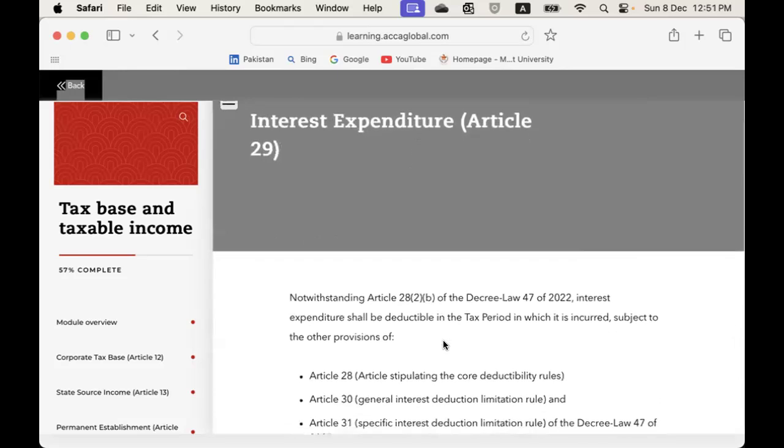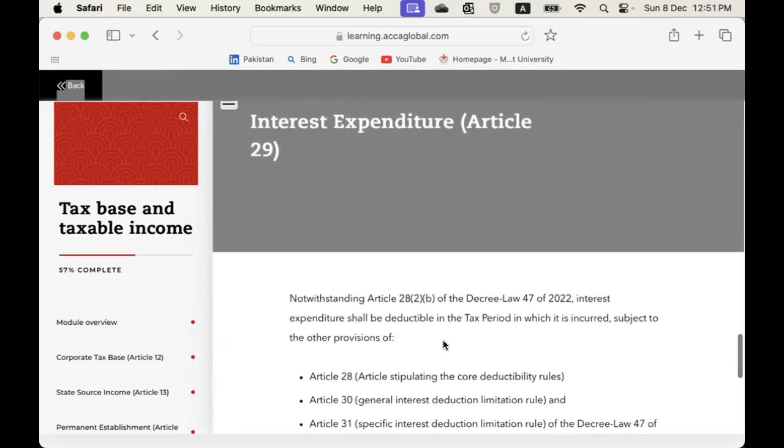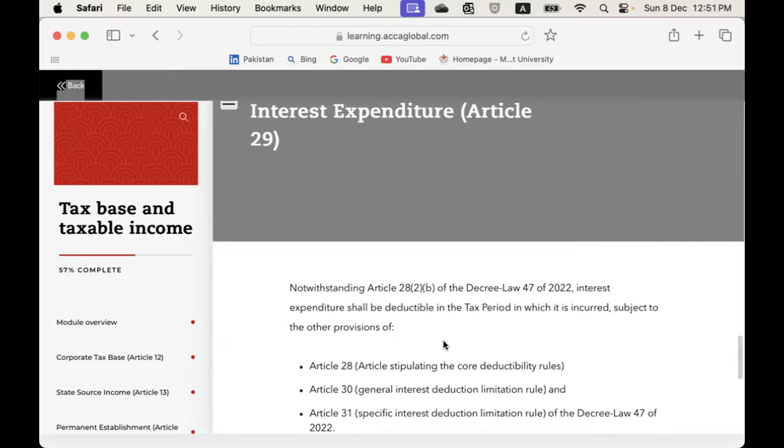But it does give the taxpayer an option, saying that if you have a better or more fair basis for apportioning the expenditure, you can go ahead. But if tomorrow there is a question, you will need to justify that. That's how it is. So usually as tax practitioners, we take the safer route. We simply use that route which even the court of law will accept, which is revenue-based apportionment.